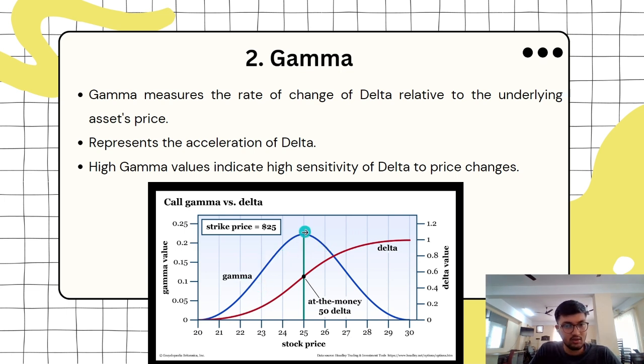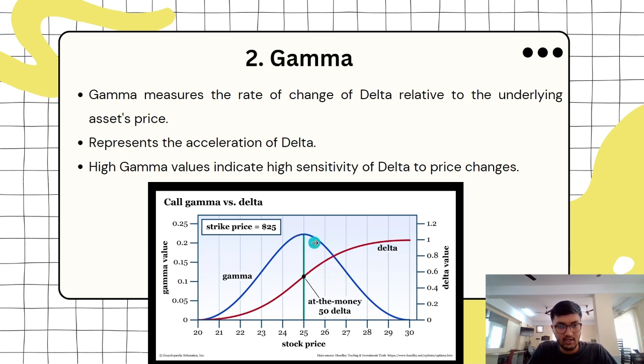See how gamma changes. The gamma was somewhere around 0.23 when the stock price was around 25. But as the stock price gets higher and the option becomes in the money, the delta increases, but the gamma decreases.